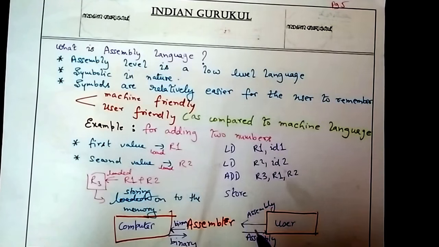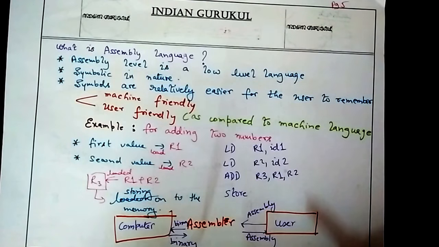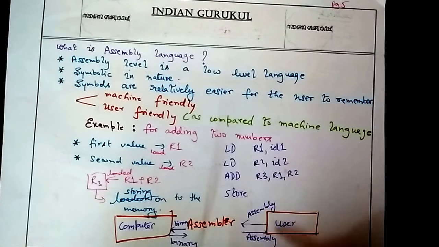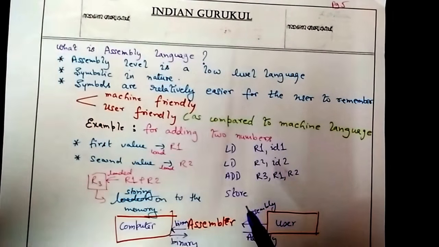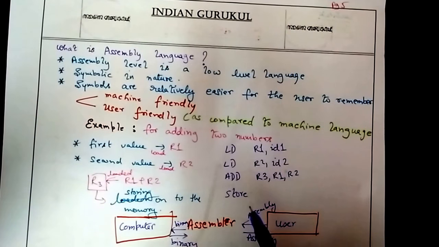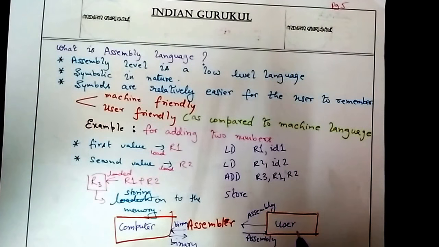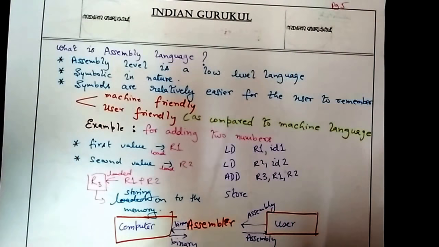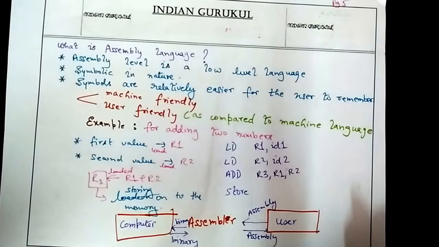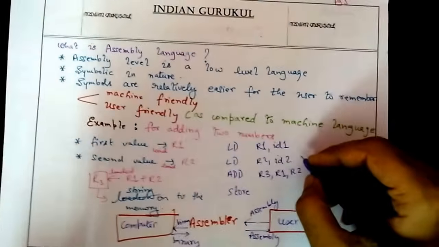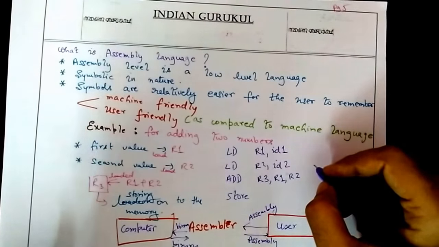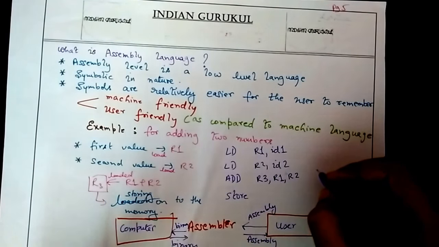Later on, certain intermediate languages came into existence which were relatively easier for the user, and in the end a few high level languages came into existence. High level languages were relatively easier for the users as compared to the low level language and the intermediate level language.